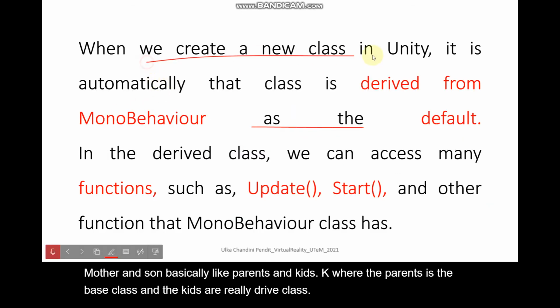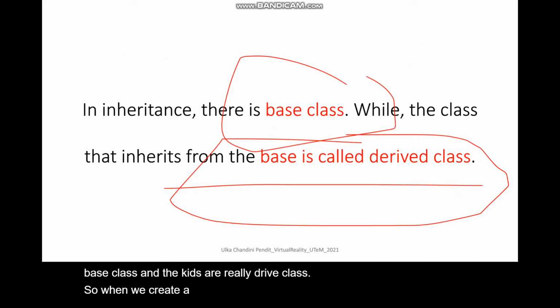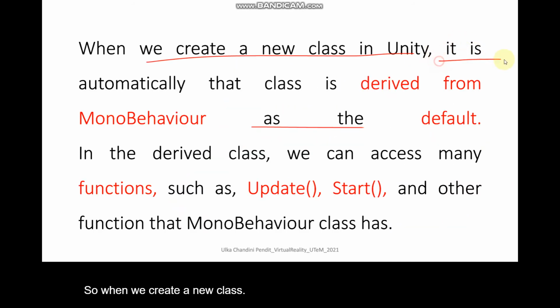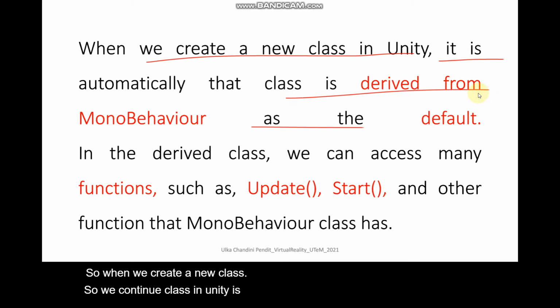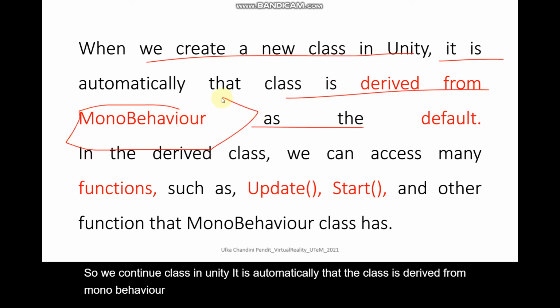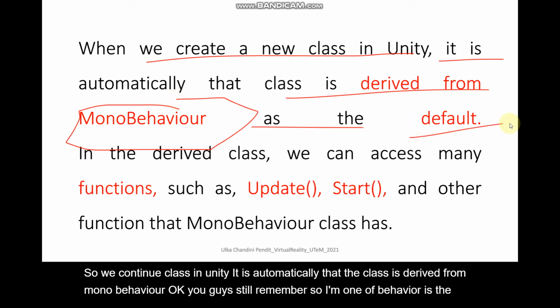So when we create a new class in Unity, it is automatically derived from MonoBehaviour. You guys still remember? MonoBehaviour is the default class of Unity.